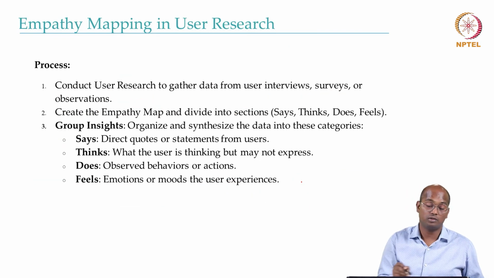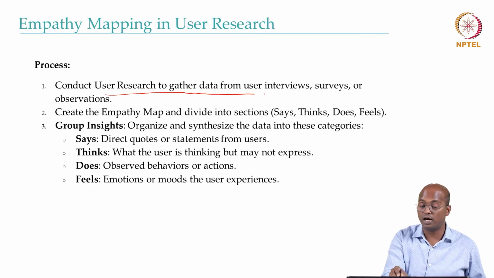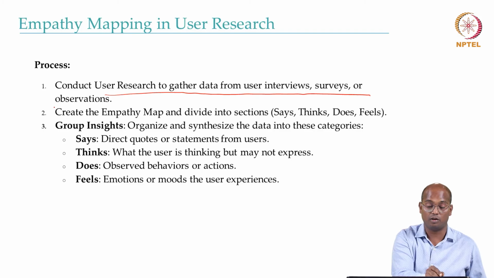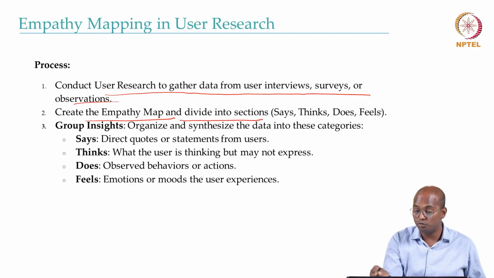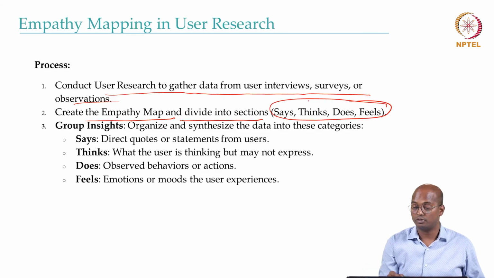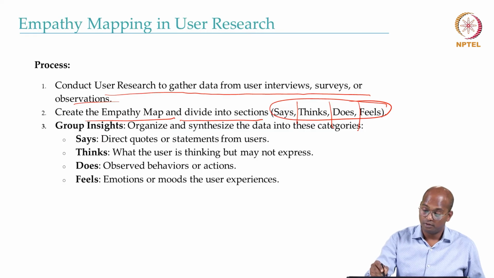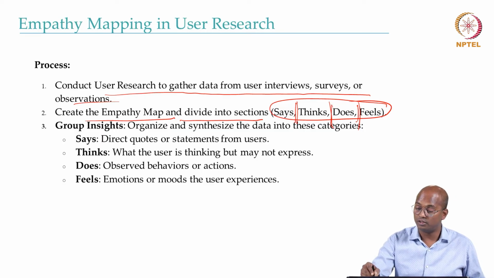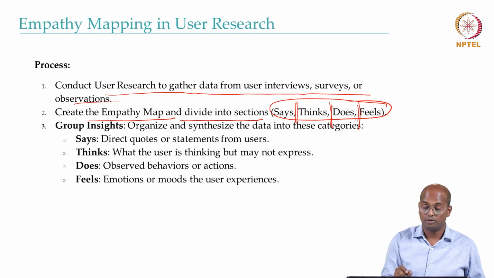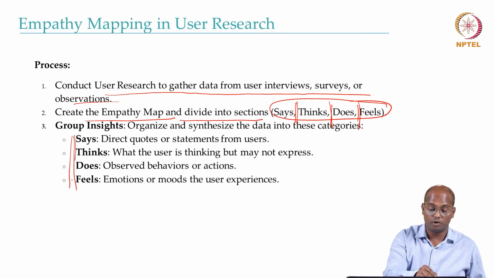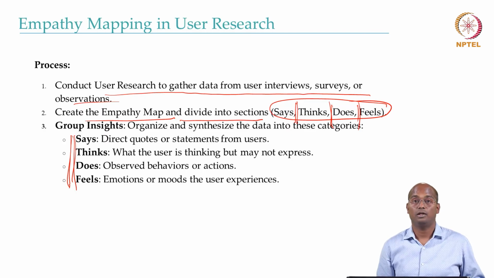So the process involves conducting user research to gather data from interviews, surveys, and observation, as we discussed in earlier slides, then creating the empathy map and dividing it into these sections: says, thinks, does, and feels. If you can find this information for the different stakeholders you have, for the groups you have, you can answer these very important questions, and that will help you in understanding the user base you have, their expectations, needs, and so on.